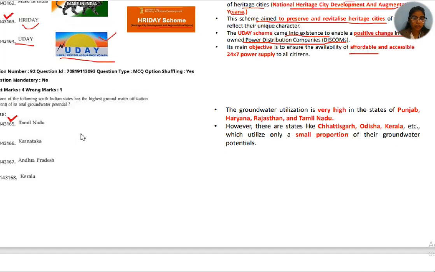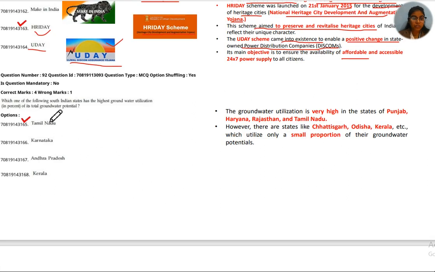Next you have: which one of the following South Indian states has the highest groundwater utilization in percentage of its total groundwater potential? The question is asking which Indian state is utilizing groundwater in the highest manner in percentage of its total groundwater potential.